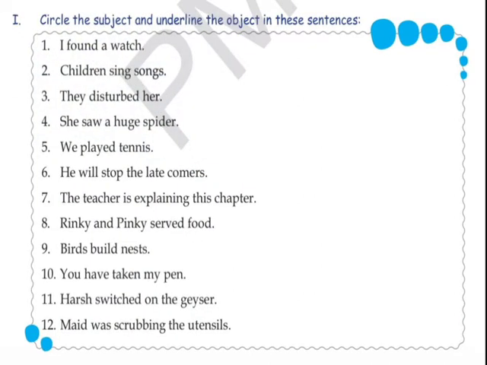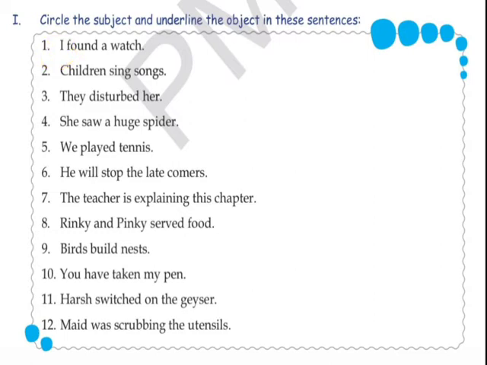So, here we have question 1 of the chapter, that is, circle the subject and underline the object in these sentences. Remember students, we have to circle subject and underline object. Let's start with number 1. I found a watch. Who found a watch? I. So, I is subject.